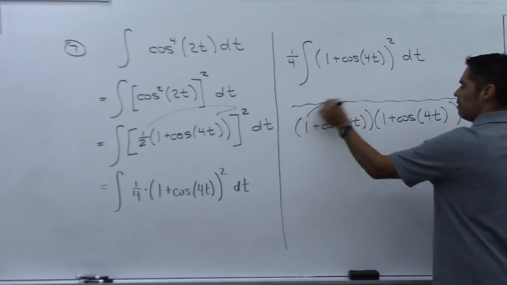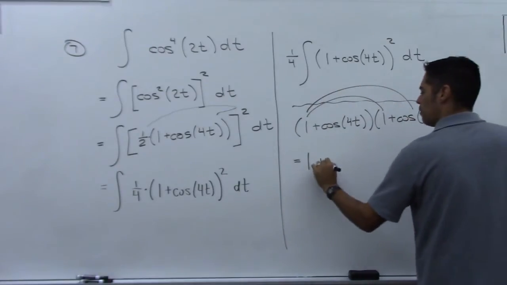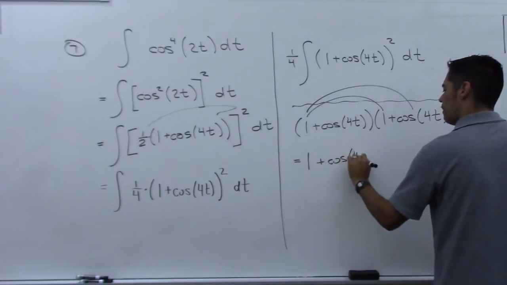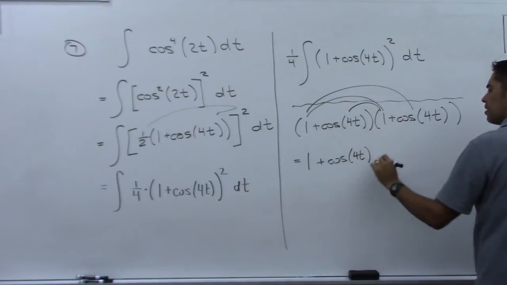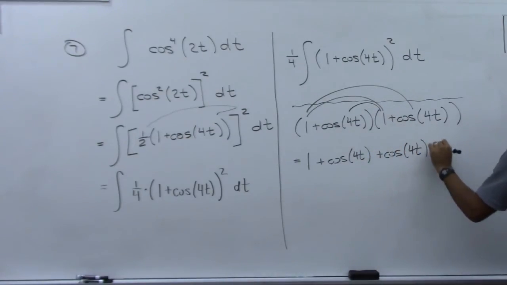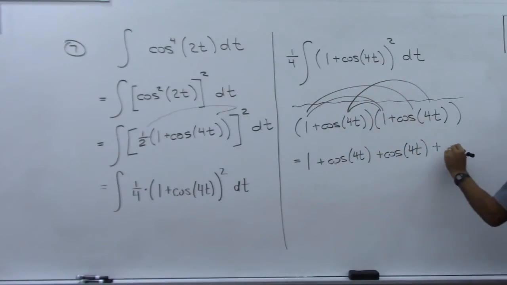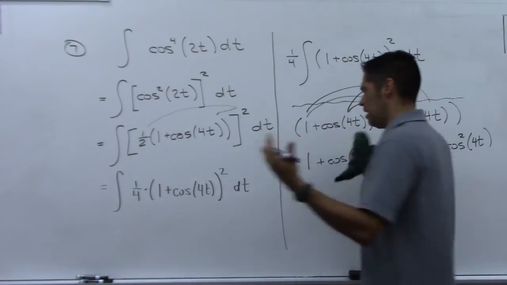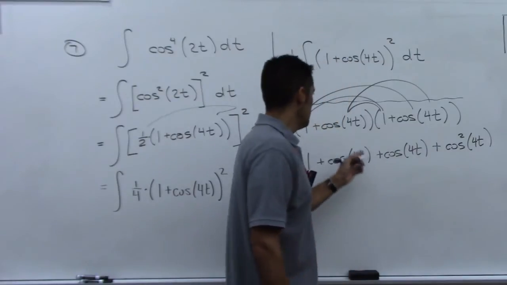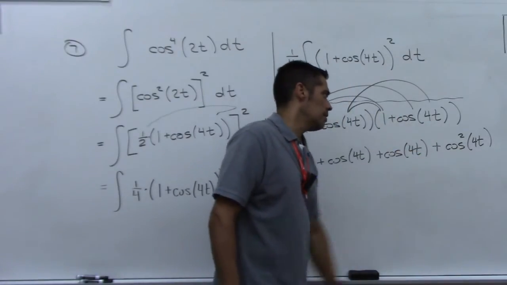And then I FOIL: 1 times 1. 1 times cosine 4t is cosine 4t. 1 times cosine 4t again is cosine 4t. And then the last one, which is very important, cosine 4t times cosine 4t is cosine squared 4t. It is not cosine squared 16t squared or anything like that. You're multiplying something times itself, which means it's that quantity squared.